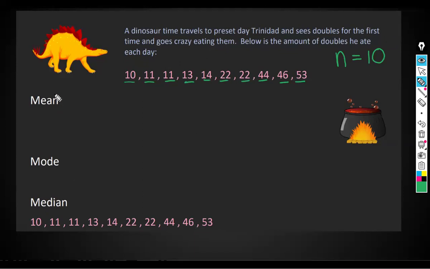I want you all to do the easy question for me. Find the mean. Remember, to find the mean is what? Sigma x divided by n. We know n is 10, and sigma x means to add up all the values you have.